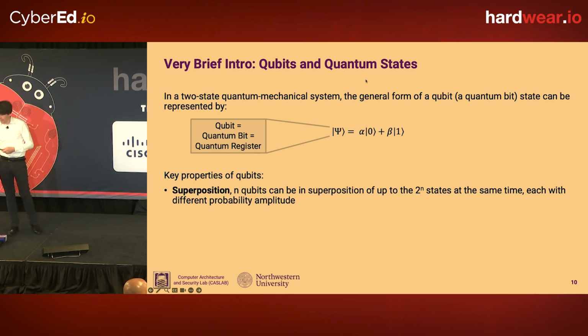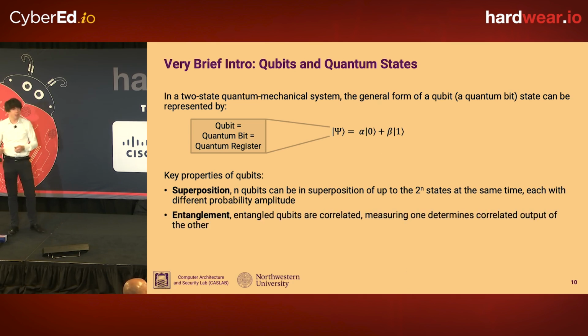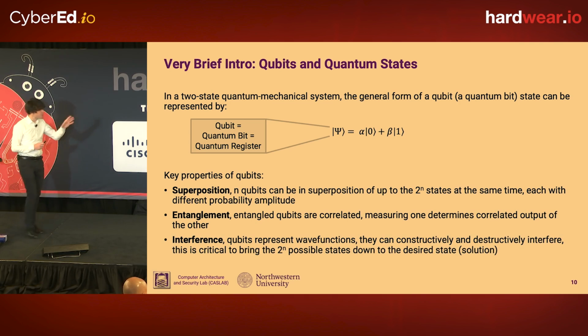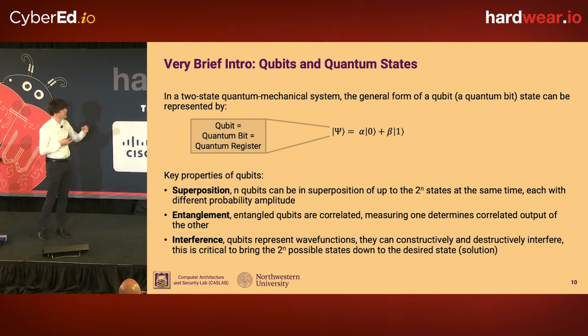The next one is entanglement. When you entangle qubits, the behavior of one qubit becomes correlated with another qubit. And I think the most important one, which people don't talk about as much, is actually interference. Qubits basically represent waveforms, and they can interfere with each other. If you have n qubits in up to 2 to the n different possible states, it's not really useful by itself.